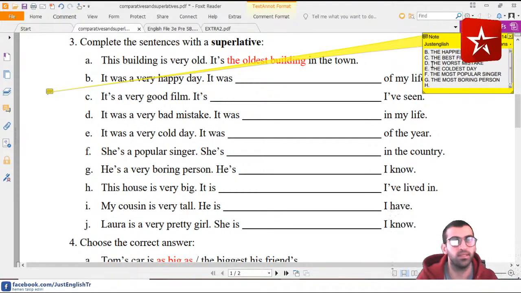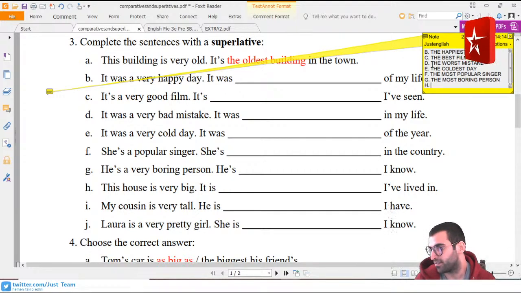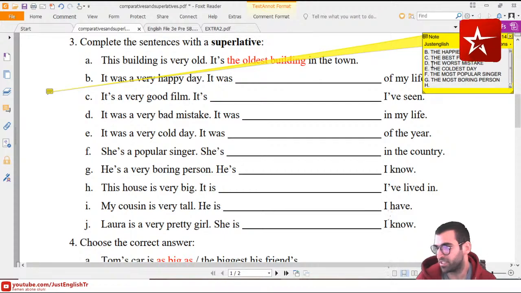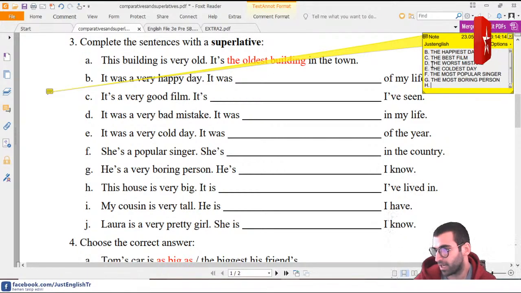Let's answer H. This house is very big. It is blah blah blah I've lived in. Wow, Doğan, Sıla, Azime. They have already written their answers. What is the correct answer for H?